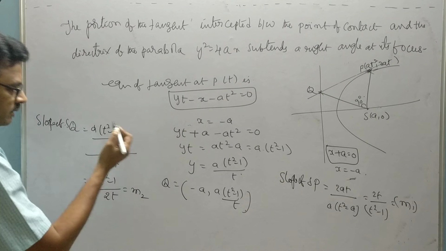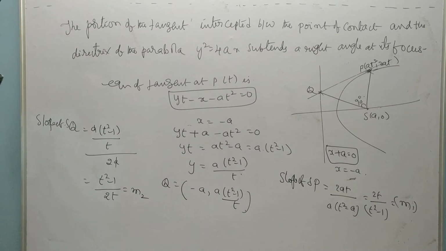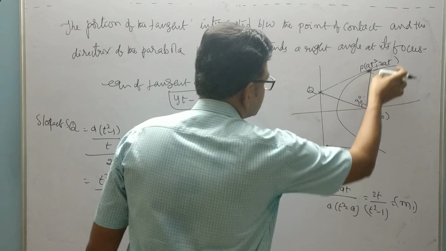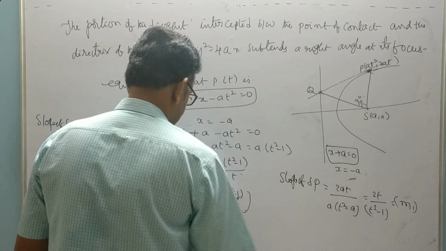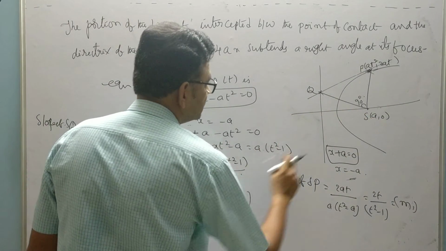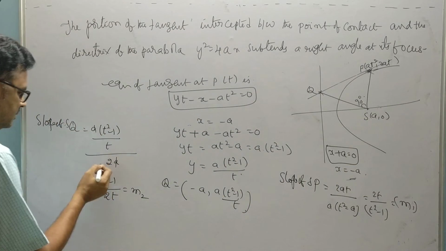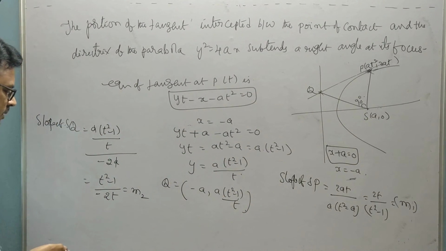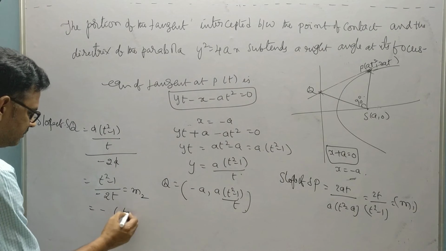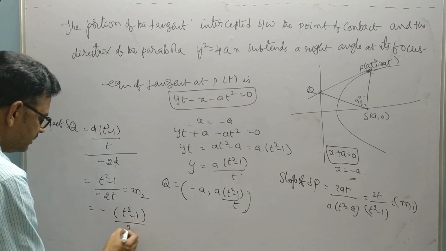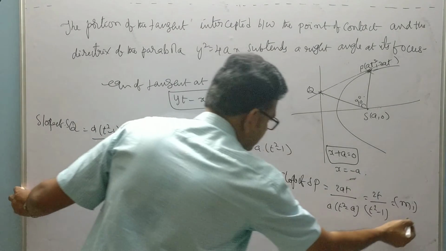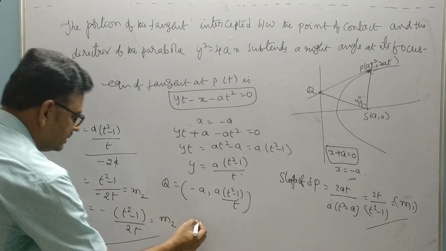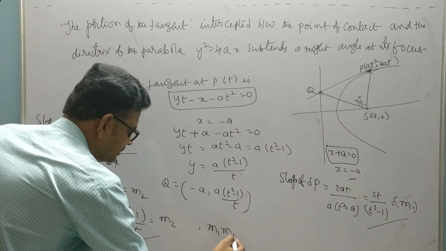So this is m2. Just observing that m1 m2 equals minus 1.